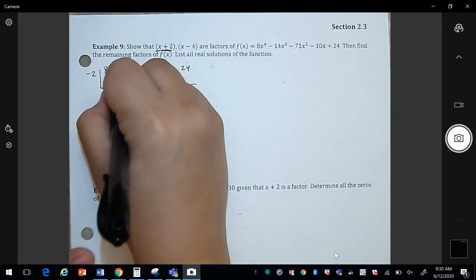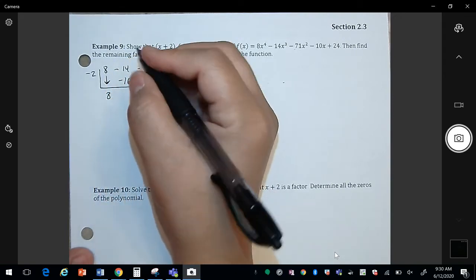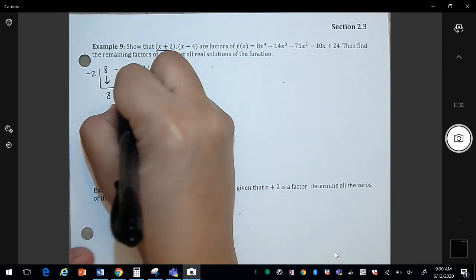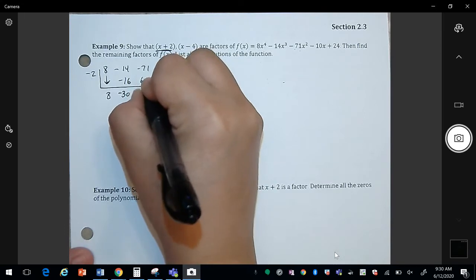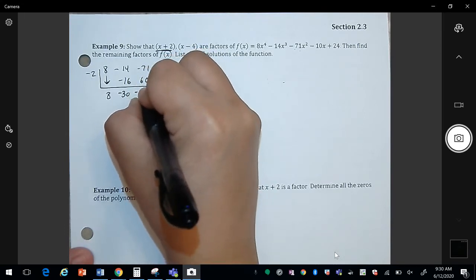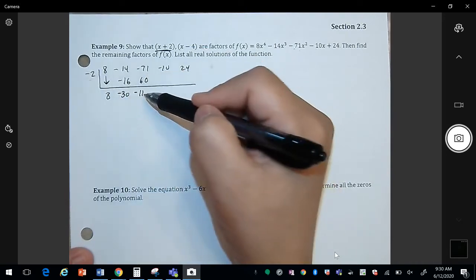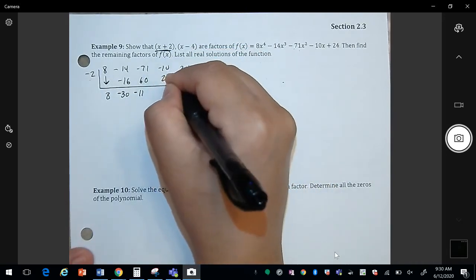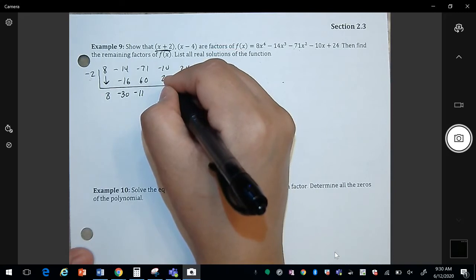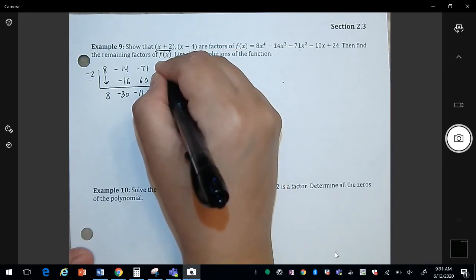8 times negative 2 is negative 16, plus negative 14 is negative 30, times negative 2 is positive 60, giving me a negative 11 once I add to negative 71. Negative 2 times negative 11 is 22, plus negative 10.